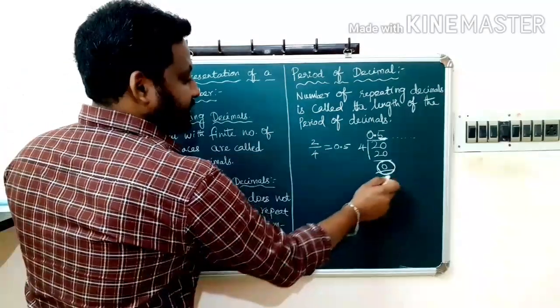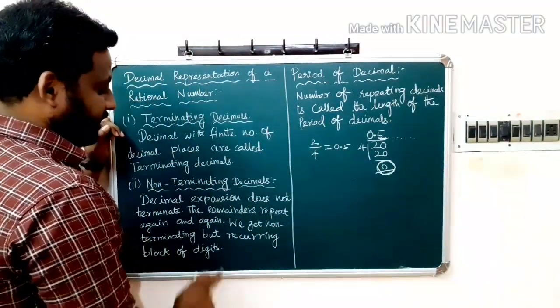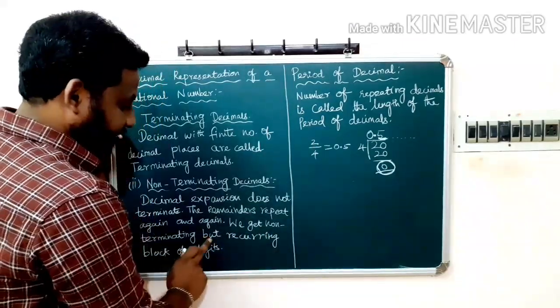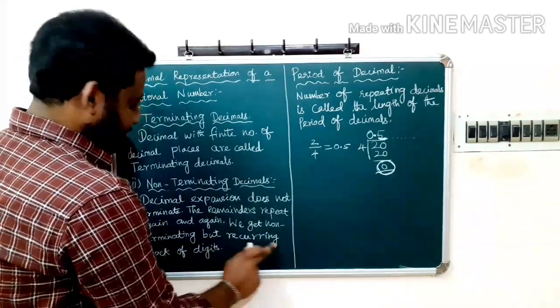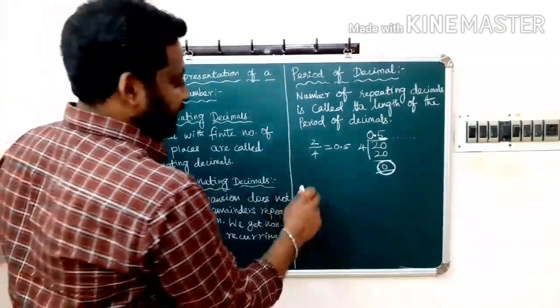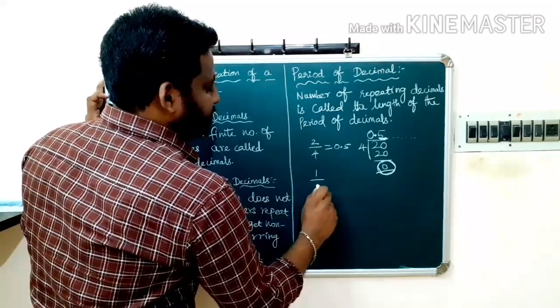If the remainder does not equal 0, that is a non-terminating decimal. We also get non-terminating decimals with a recurring block of digits, for example 1 by 3.